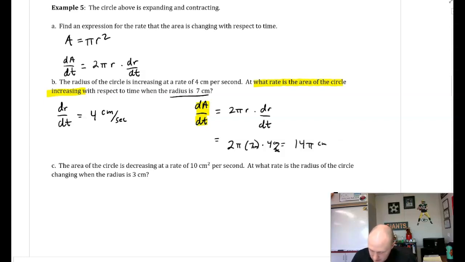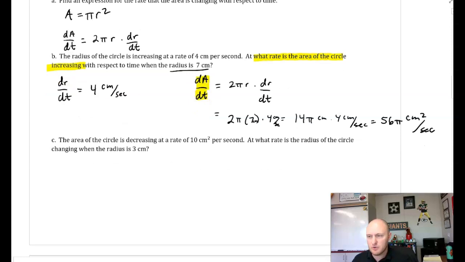This is in centimeters times 4 centimeters per second. And if we go ahead and calculate this, this gives us 56 pi centimeters squared per second. Okay, so that is how area is changing with respect to time.